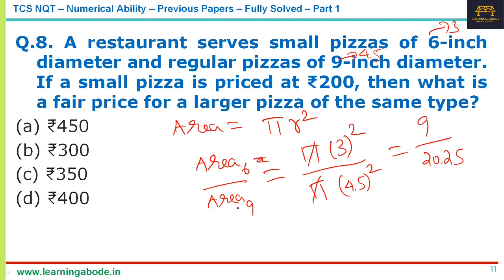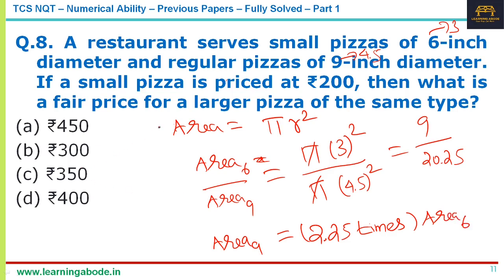That is, the area of the 9-inch diameter pizza is 2.25 times the area of the 6-inch pizza.